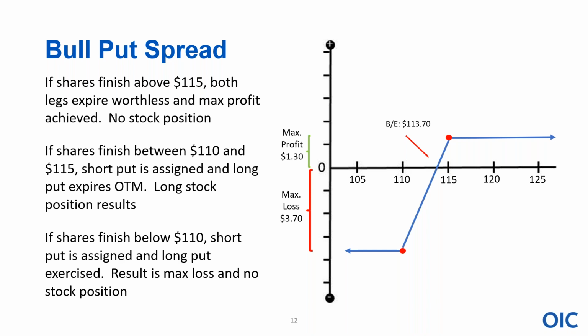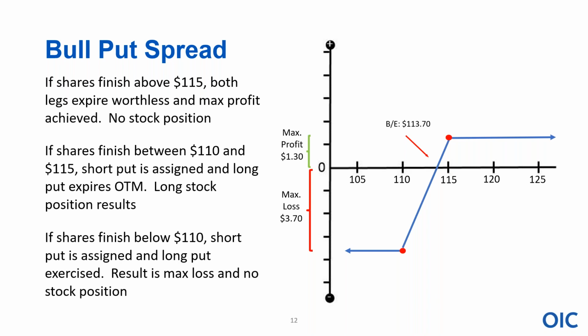And in this case, we might decide that owning shares at 113 and with a break-even point of 113.70 is reasonable. So with the stock in between those two strikes, the 110 isn't worth anything to us, but we might go ahead and change our perspective. Maybe we're more bullish now that the stock has drifted down to that level and we're comfortable buying shares. So you want to keep that in mind as you manage the position.